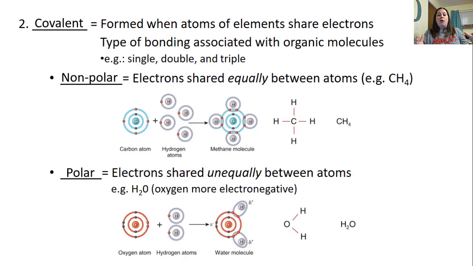It's unequal. So because of this, we see that oxygen, because it has the electrons more often, gets a little bit of a negative charge, whereas the hydrogens are going to have the electrons less often, so they have a little bit of a positive charge. This is what creates those poles, because a pole, north and south pole, they're opposite. So I have a negative side and I have a positive side.